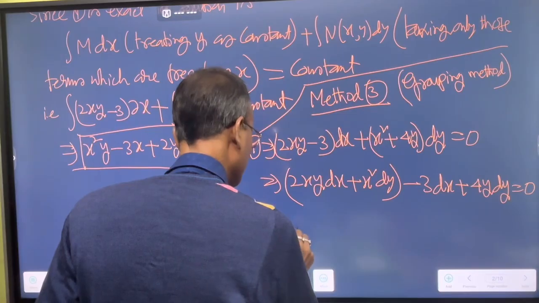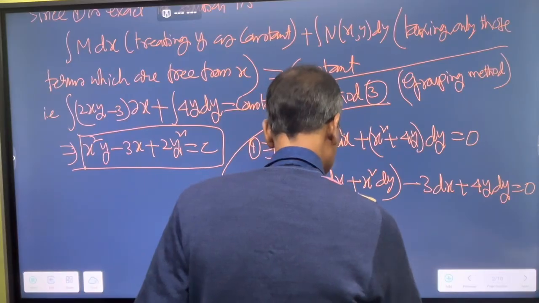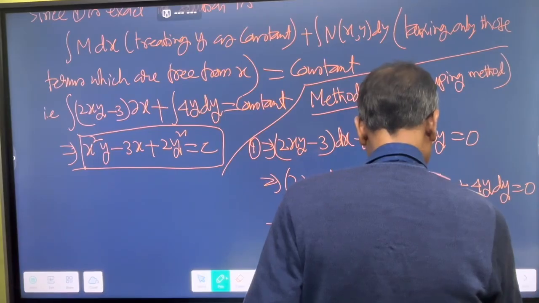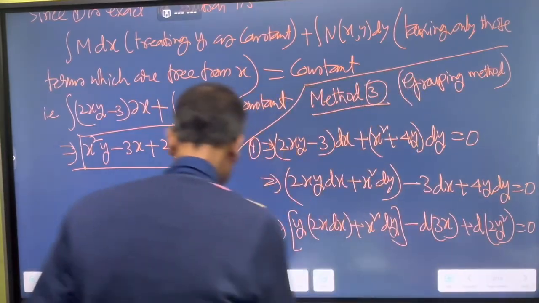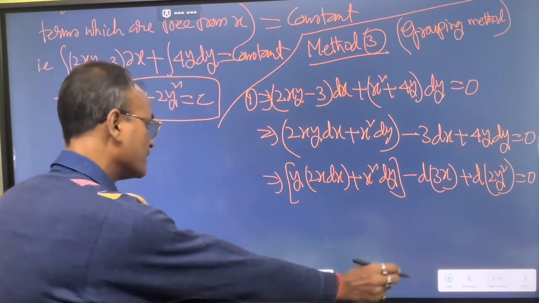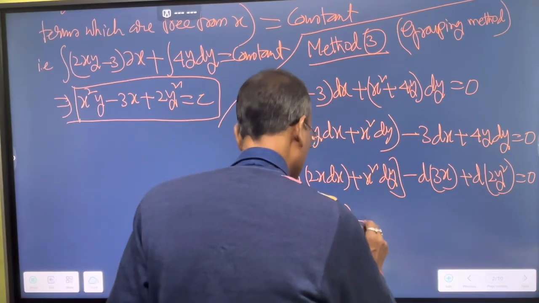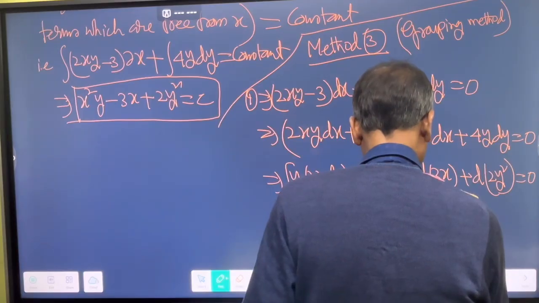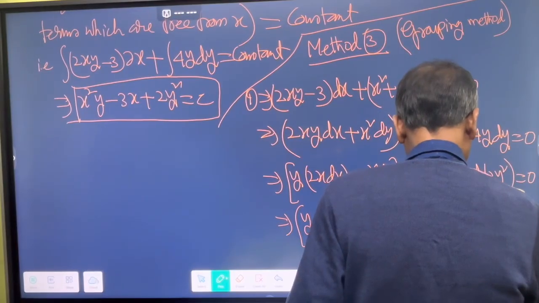This means y times 2x dx plus x square dy, minus d of 3x, plus d of 2y square, is equal to 0. It is nothing but d of (x square y) minus d of (3x) plus d of (2y square) equal to 0.